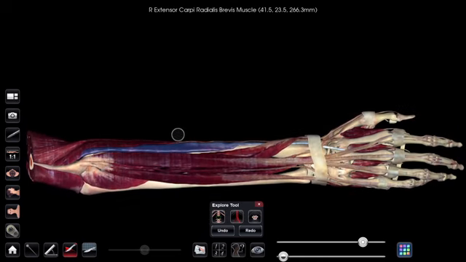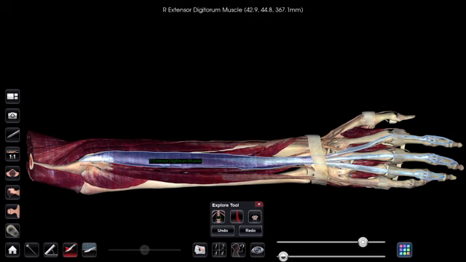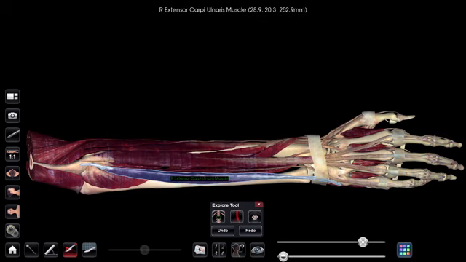The posterior superficial group consists of extensor digitorum with its tendons down to the posterior aspect of the digits, and we see extensor carpi ulnaris to the medial aspect of the wrist, and the extensor digiti minimi to the small finger, the little finger.